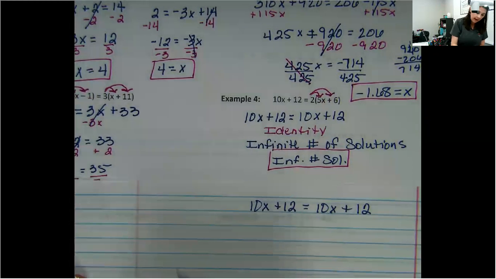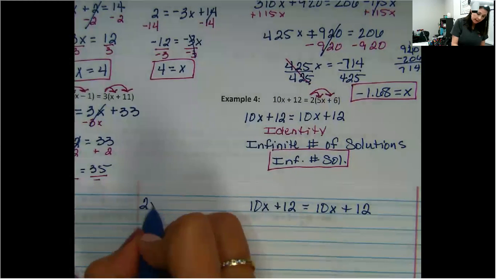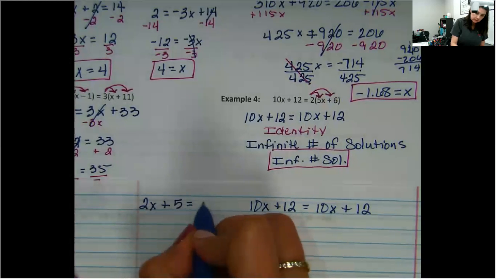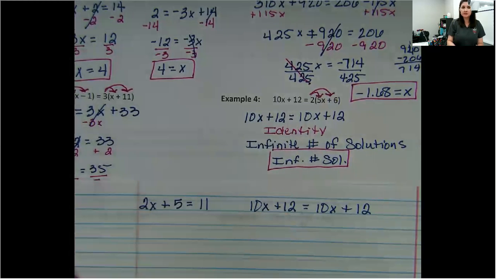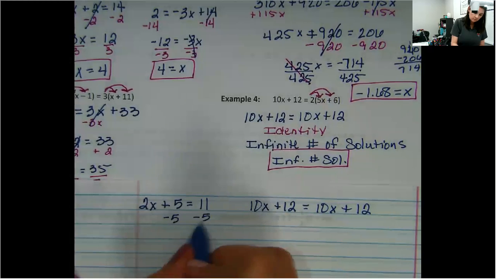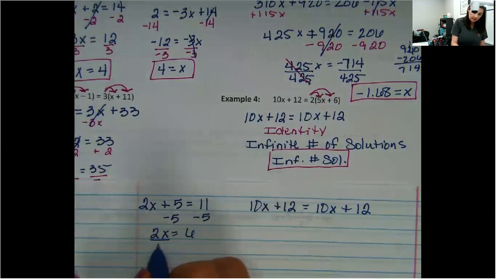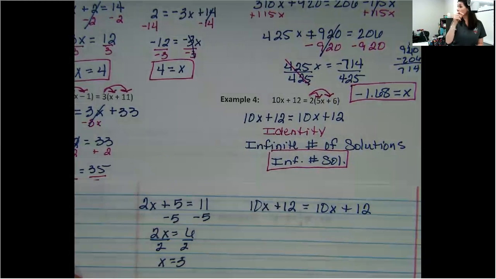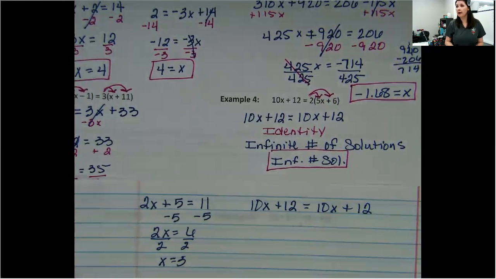So for example, if I had 2x plus 5 equals 11, and I solve this equation and I get x equals 3, right? Yes. Then you can go back and check to make sure that it's right.